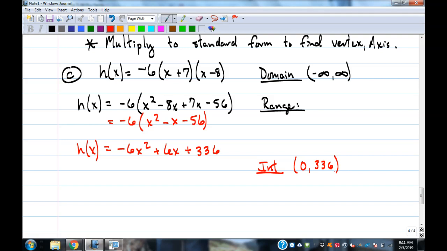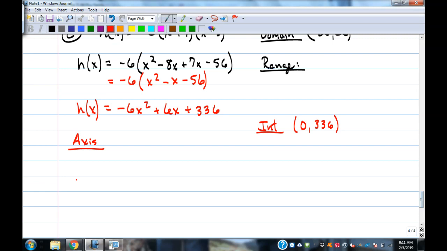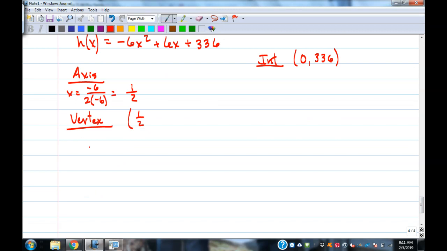And then we need to find the axis and the vertex as a result. Axis of symmetry: we take -b over 2a, which is -6 over 2 times -6, which would be 1/2. It's positive because it's a negative divided by a negative.